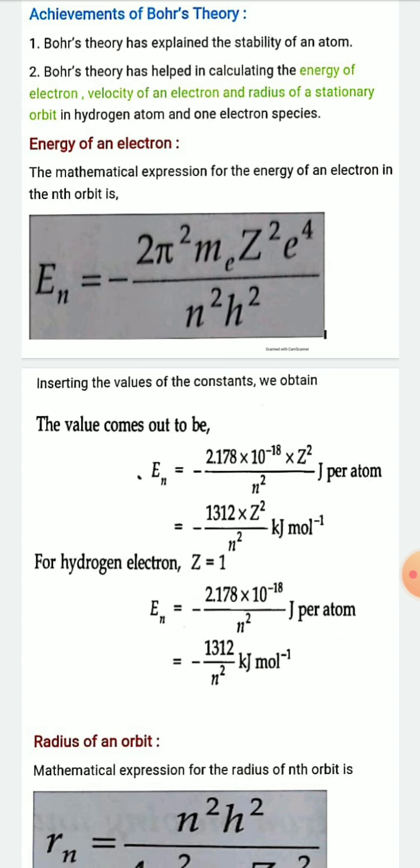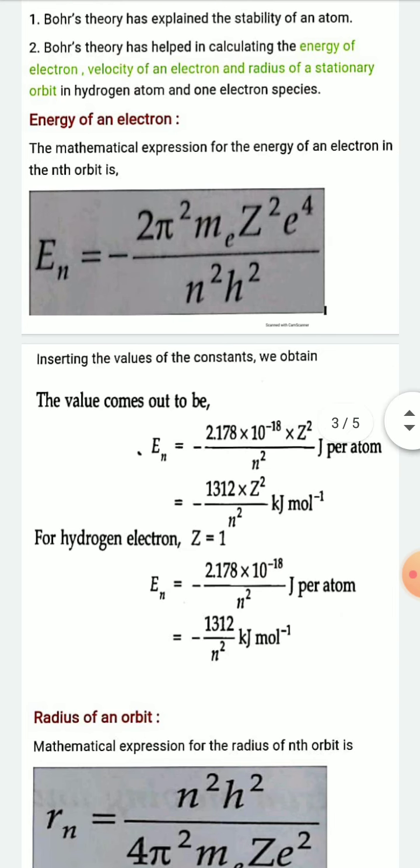So energy of an electron in the nth orbit of hydrogen atom is minus 2.178 into 10 to the power minus 18 divided by n square in joule per atom. In kilojoule per mole, En is equal to minus 1312 divided by n square for hydrogen atom.